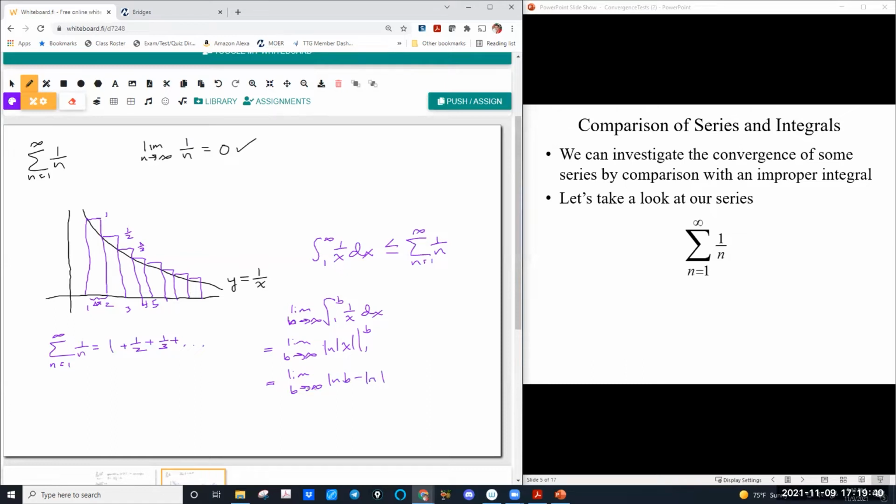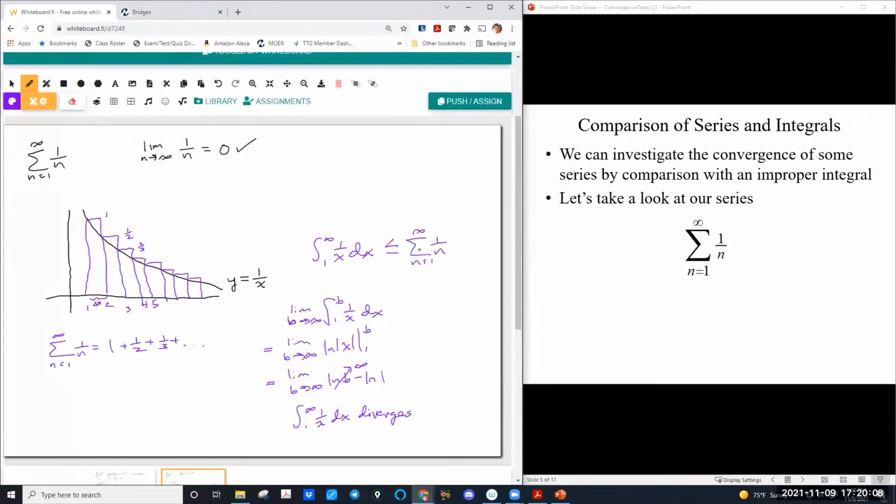We're not concerned about that. This is the part we are concerned about. Natural log is an increasing function. It does increase slowly, but if you keep putting larger values in, you'll keep getting larger values out. So this goes to infinity. So we know that this improper integral diverges.